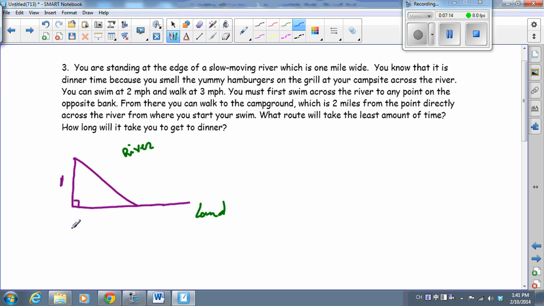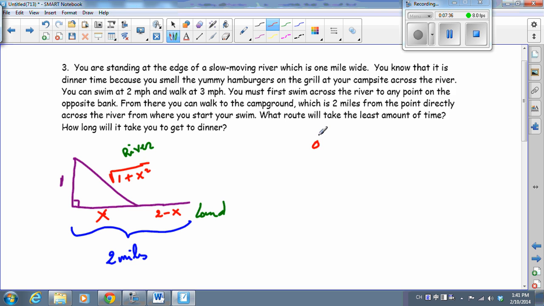So this tells me the distance from here to here is 2 miles. And if this is 2 miles, we can use the same concept we did on the previous problem. This is x, this is 2 minus x. From here, I can find the distance on the river. I would say this is the square root of 1 plus x squared.